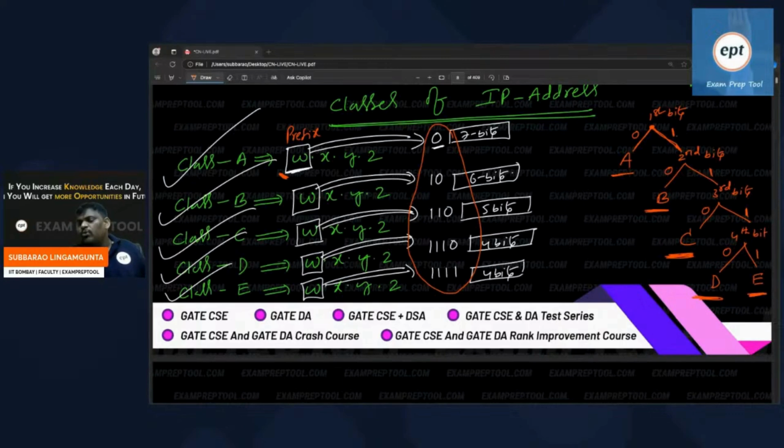First bit 0, class A. If the first bit is 1, see the second bit: if 0, class B. If the second is also 1, see the third bit: if 0, class C. If the third is 1, see the fourth bit: if 0, class B, otherwise class C.